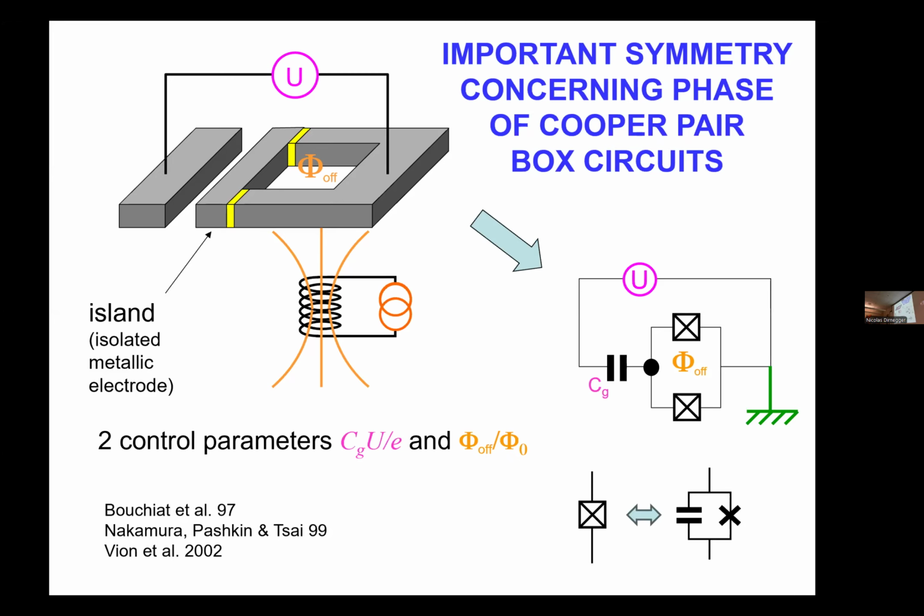So, by the way, this is the equivalent circuit of this Cooper pair box, which, by the way, Cooper pair box and transmons are pretty much the same thing, as we are going to see. I'm just introducing this crossing box symbol, which just saves you some ink when you give the circuit.